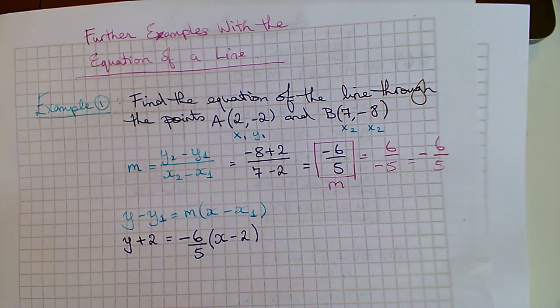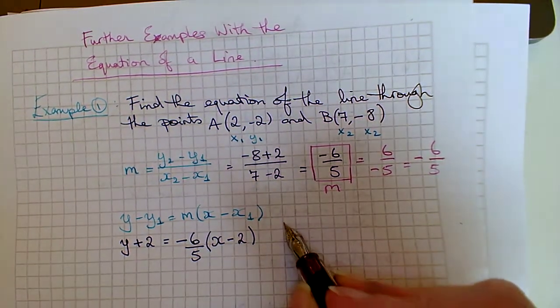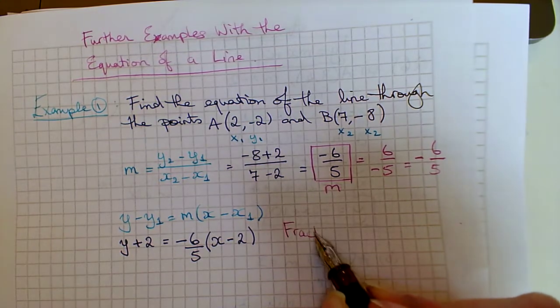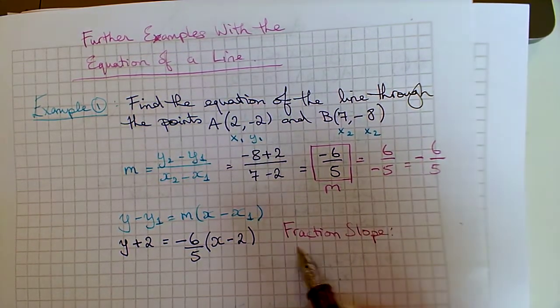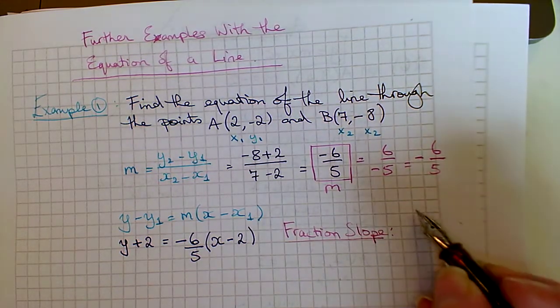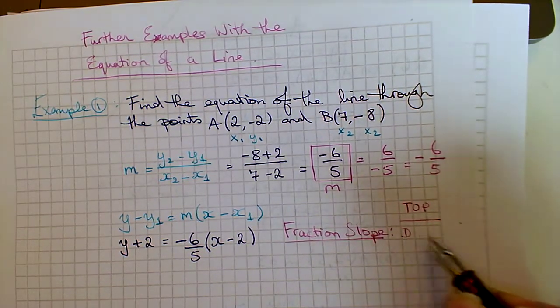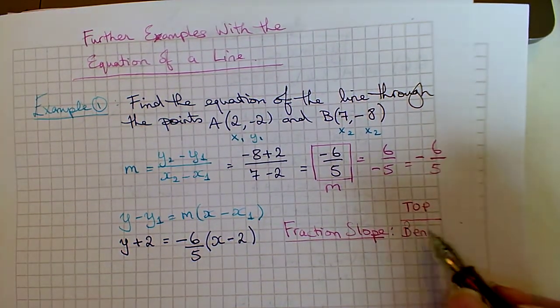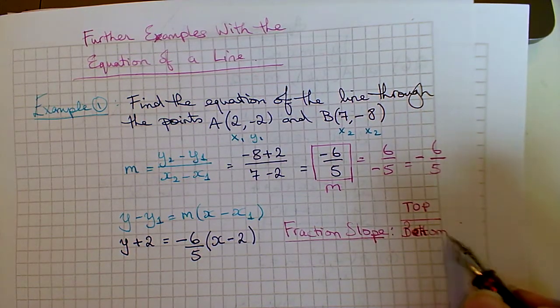The next step, so this is what I keep writing down, is that when I have a fraction slope, a fraction slope is always going to be a numerator divided by a denominator. I'm just going to call them top and bottom for the moment.